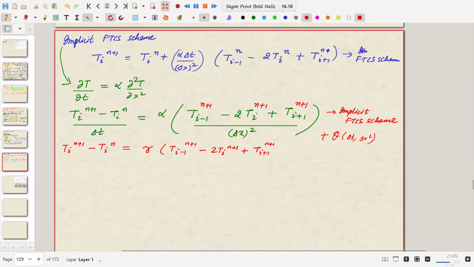Now observe, can you see something common on either side? Yes, this term is common with this term. Exactly, you can bring it over. So what you get is (1 plus 2R) T_i^(n+1) minus T_i^n equals R times this.